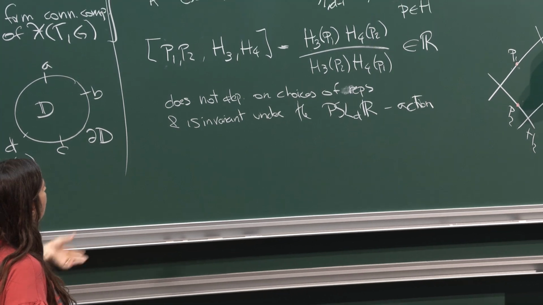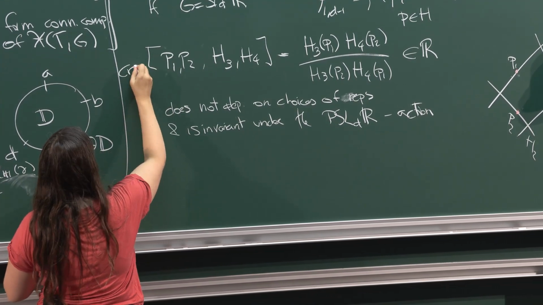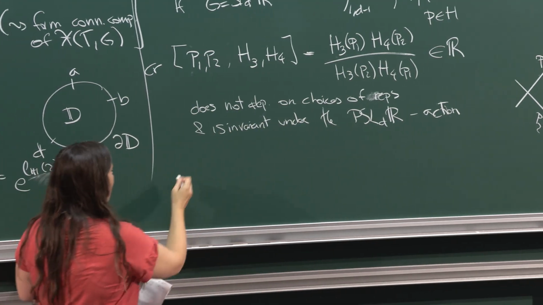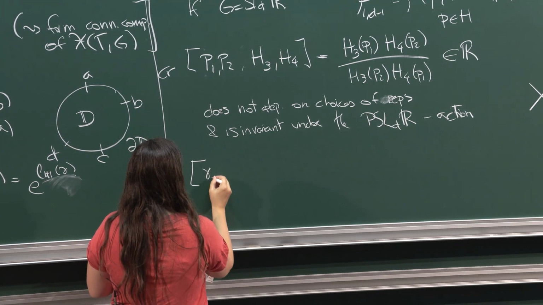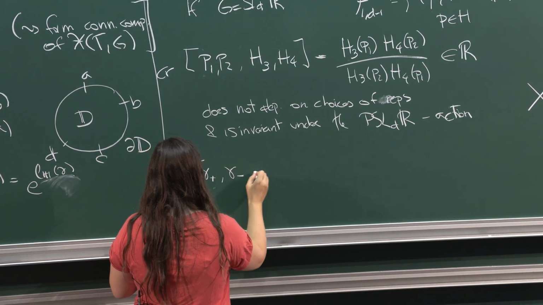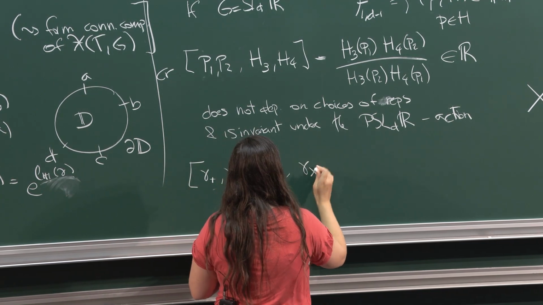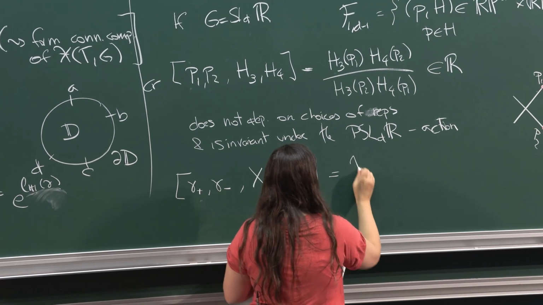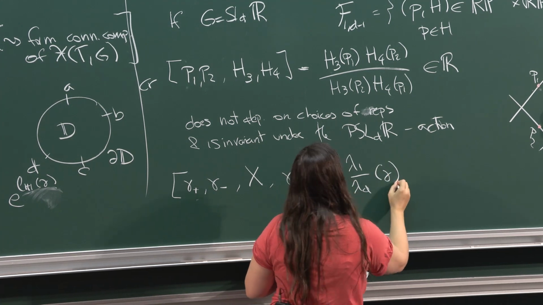And this is what I call, maybe I should not put parentheses, CR of this. And again, I have the same thing that if I take gamma plus, gamma minus, x, and gamma x, this is lambda 1 over lambda d of gamma.